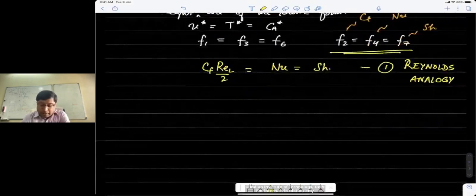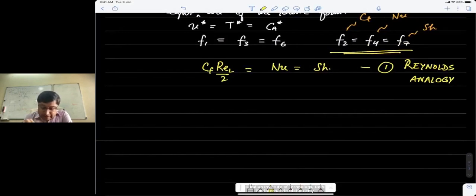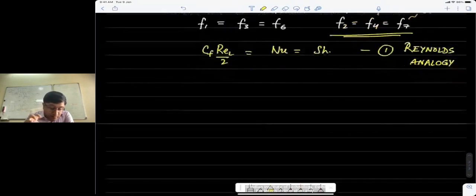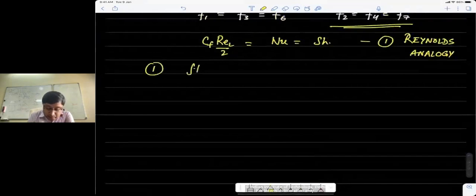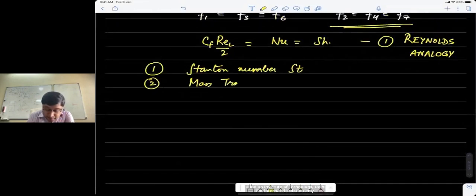Now, typically the Reynolds analogy is not written in this way, it's written in a slightly modified way. I have written it in a way which is easy to understand. But to write the Reynolds analogy in a more general way, two new non-dimensional numbers are defined. The first is called the Stanton number, St, and the other is the mass transfer Stanton number, St with subscript m.